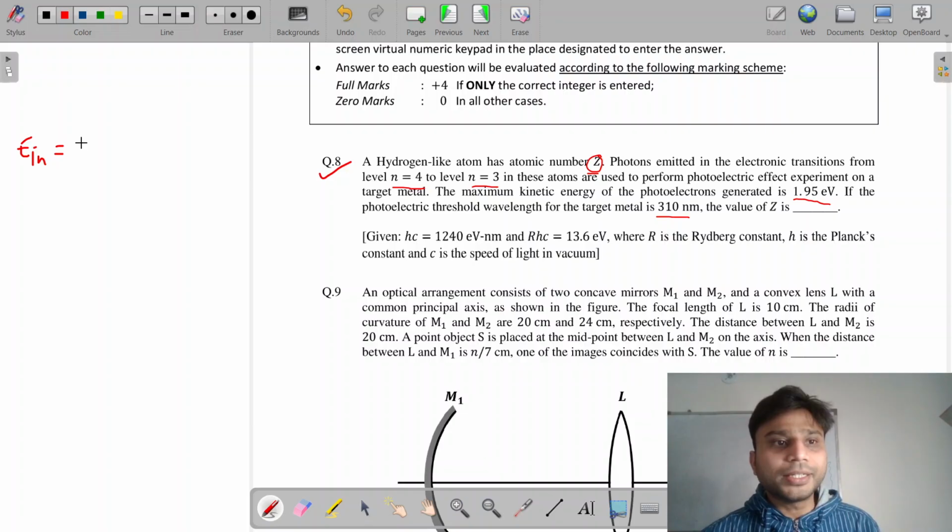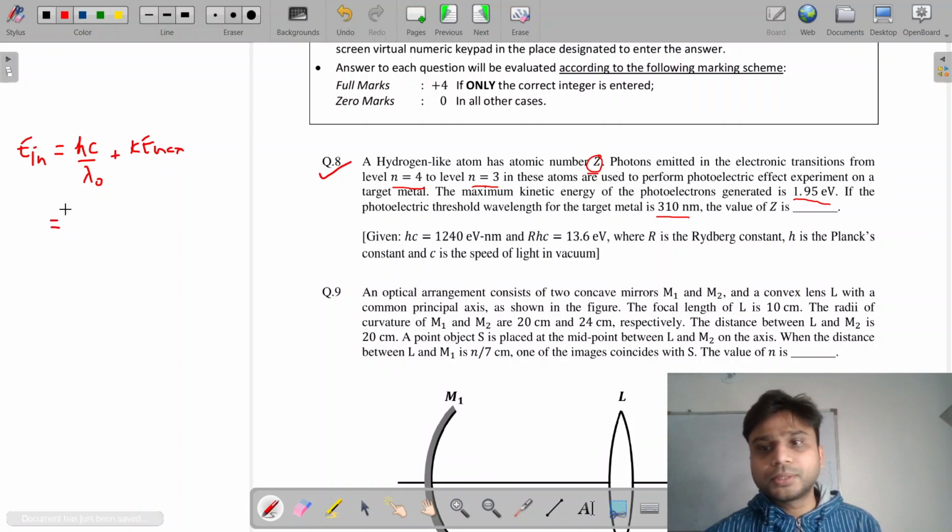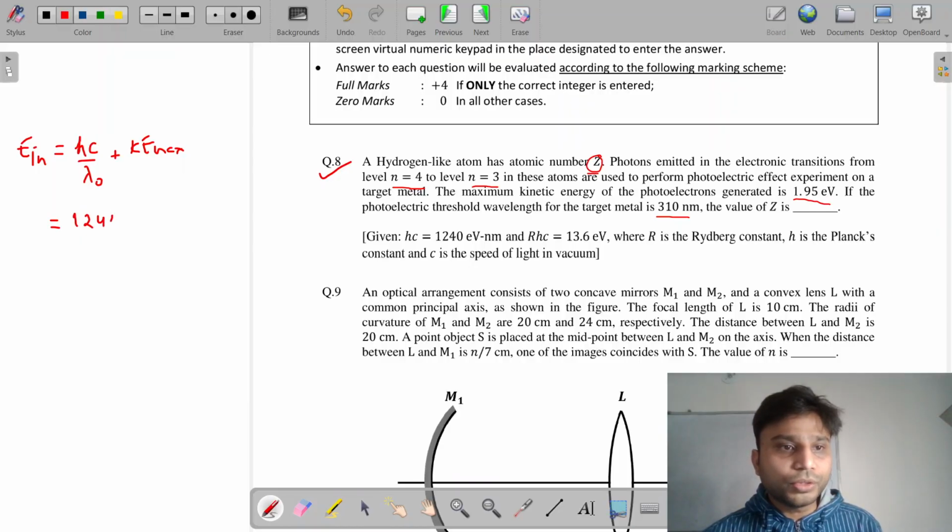So the incident energy is equal to the work function of the target metal, that is hc by threshold wavelength lambda naught, plus the maximum kinetic energy of the emitted photoelectrons. We can take this value hc as 1240 eV nanometers, divided by 310 nanometers threshold wavelength, plus the maximum kinetic energy.